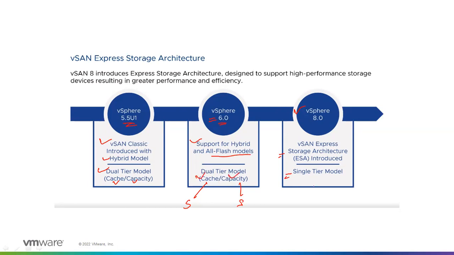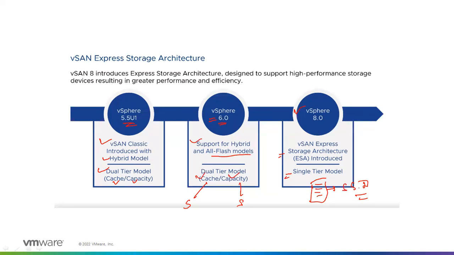End of the day, all my drives would be flash drives. Single tier means you don't need to configure cache and capacity separately. There would be a single pool of all the underlying physical disks that we are leveraging from the ESXi hosts.